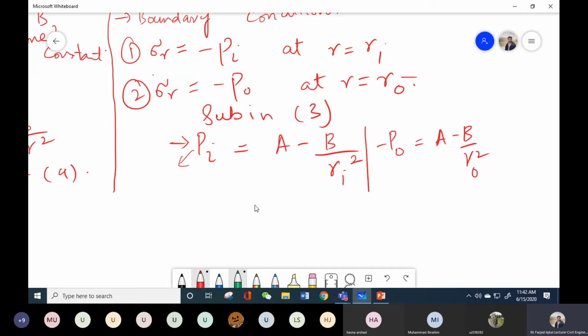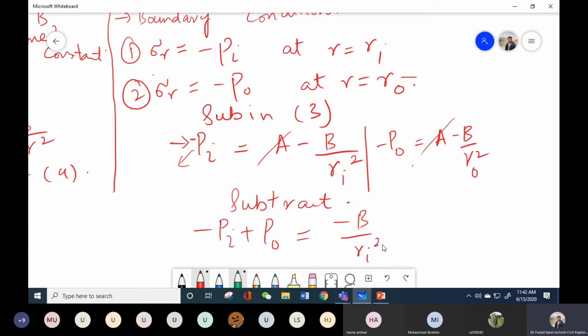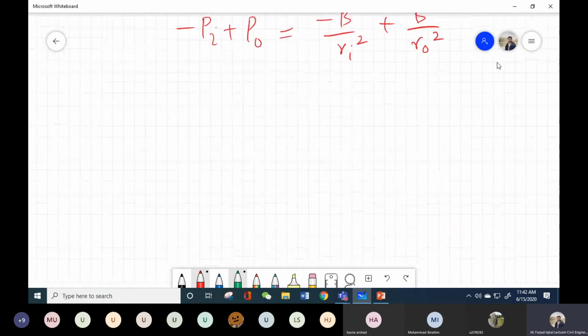So I will simply apply some mathematics: if I subtract these two equations, I get minus pi, and by the way this is negative, minus this one, so I will get plus p naught equals, these two a terms will be cancelled out, and I will be left with minus b over ri square plus b over r naught square. So let's simplify it further.